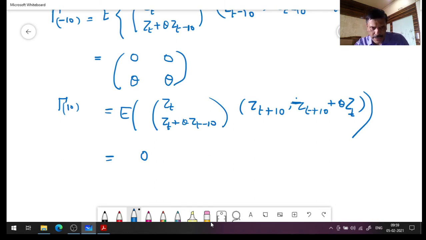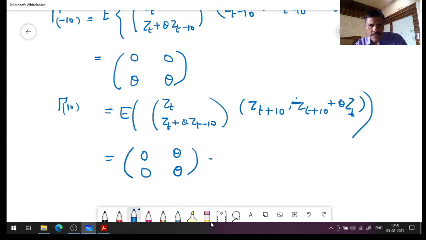This you multiply, all are 0. This is 0, this is theta, and this is 0, because t minus 10 and t plus 10 are different, so the only contribution is theta.